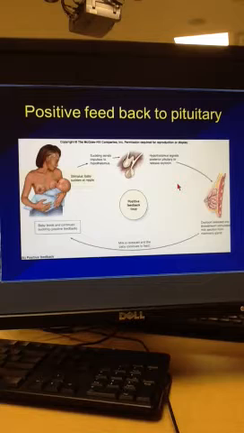And there is now a synthetic oxytocin that they use called Syntocinon that they will give to a mother to speed up uterine contractions. So those are positive feedback. You are increasing the amount of release of a hormone by a particular stimulus.